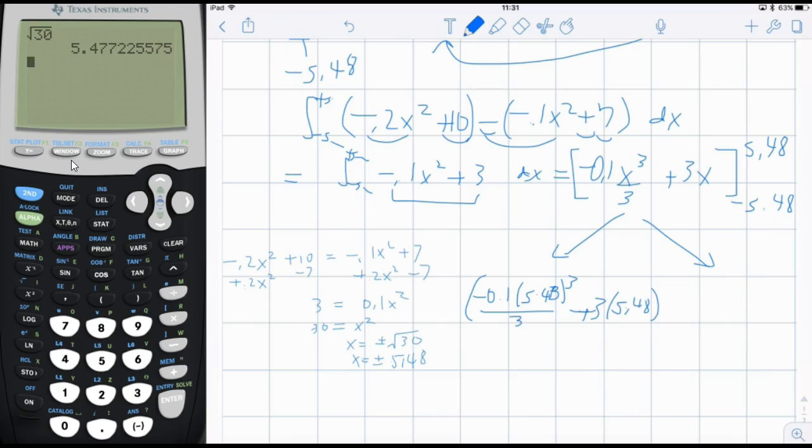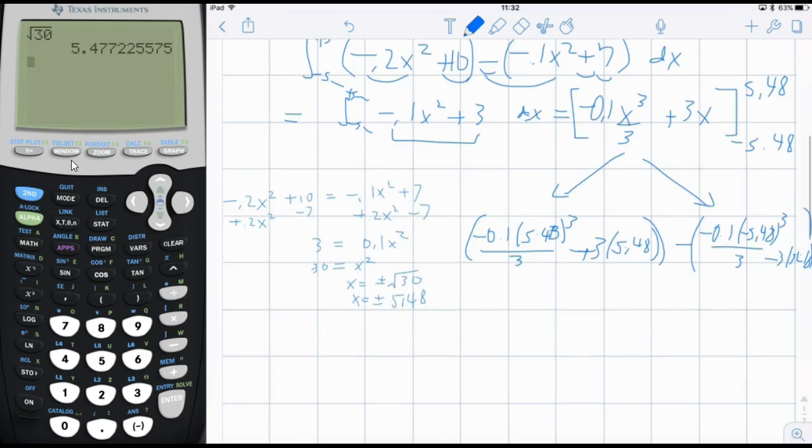And then I'm going to have a minus, and I'm going to do the same thing, except this time I'm going to have negative 0.1 times negative 5.48 cubed, divided by 3, and then plus 3 times negative 5.48, okay? And let's see if anything cancels out.